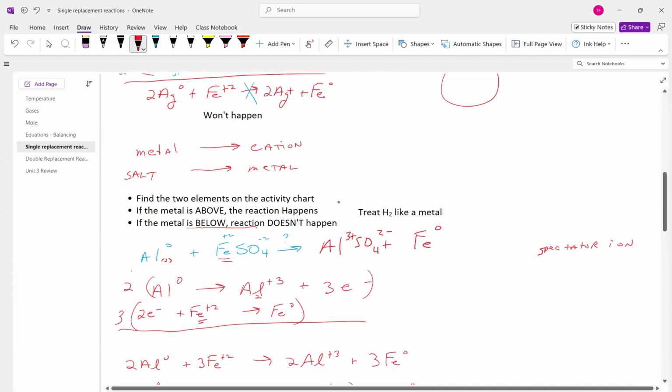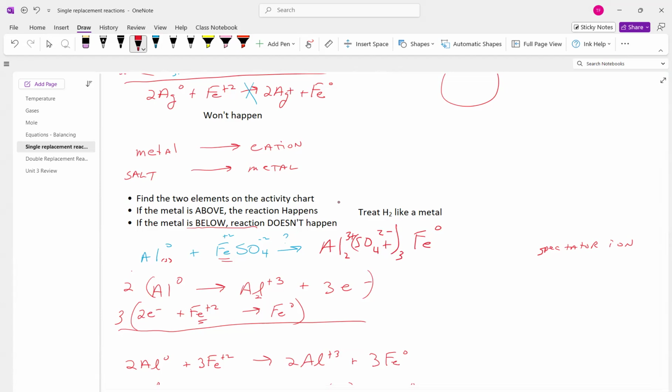Plus 1 over. So we're going to take three SO4s because they're -2 and 2 aluminum, aluminum 3 plus. So that means +6, -6.